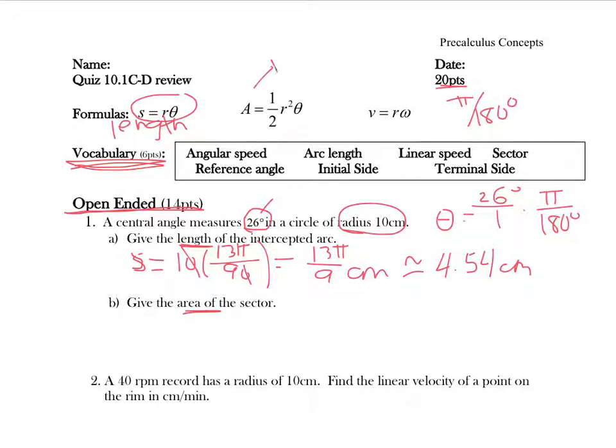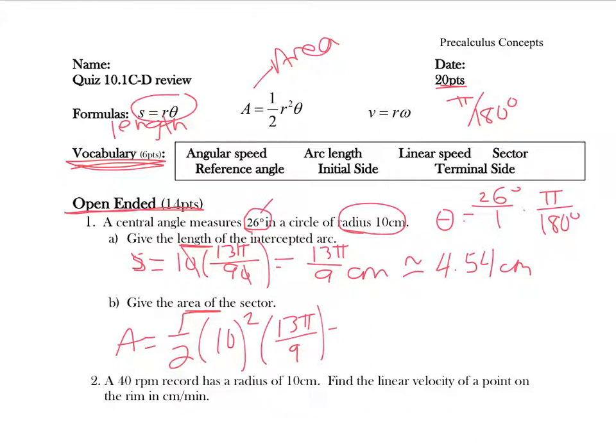This is area formula. So area equals 1/2. R again is 10. Theta is still the 13 pi over 9. Okay, multiply all that out.